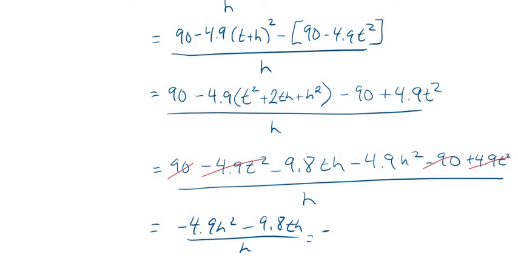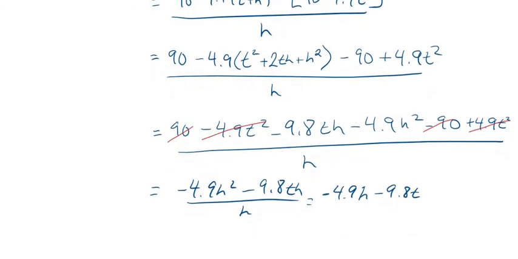So that becomes negative 4.9 times h minus 9.8 t. So now that we have that, if we have our time that we're measuring from and we have a time interval, now we can use that to help us figure out some information.